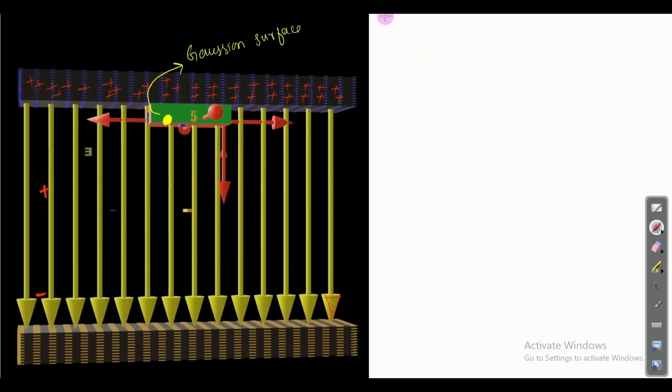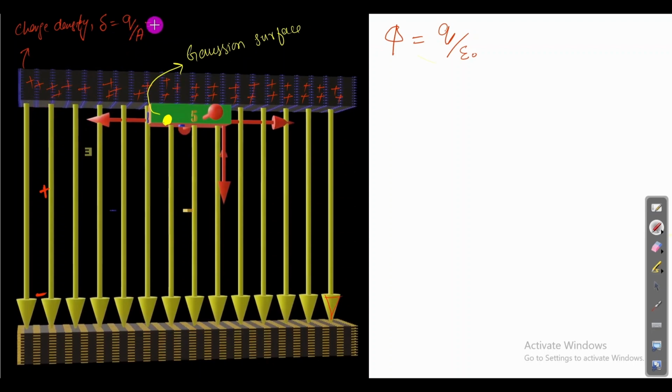According to the Gauss law, the flux through this closed surface, which I consider as a Gaussian surface, as a box, is equal to the charge enclosed divided by the permittivity of free space. So here is a large number of positive charges, and the concept of charge density comes into the picture. The charge density, represented by sigma, is equal to the charge per unit area.